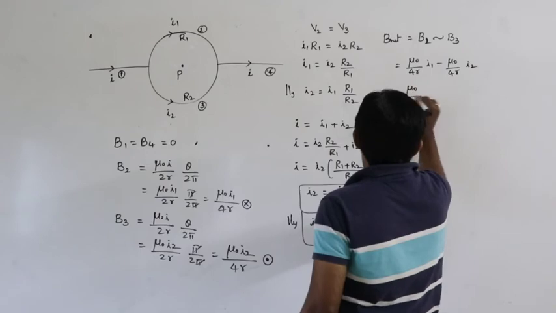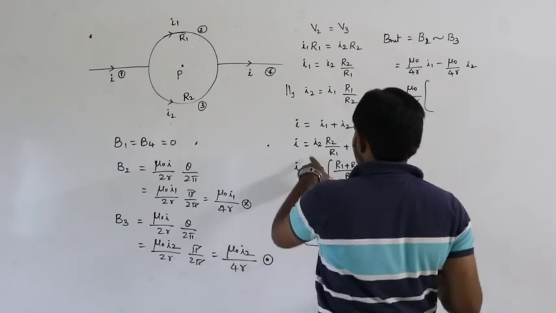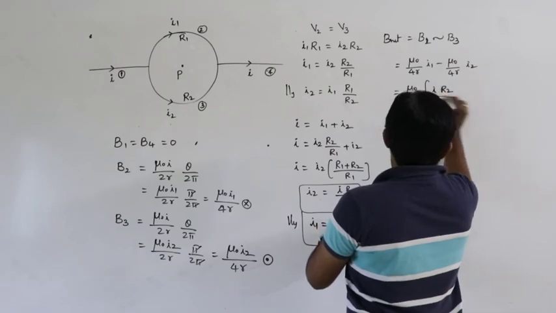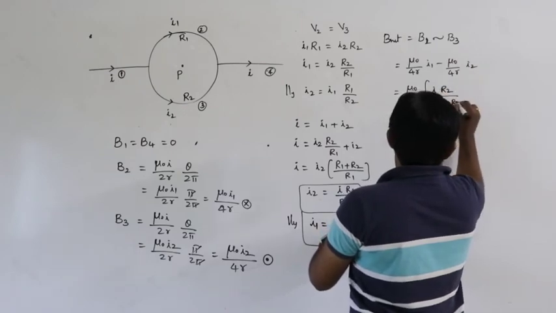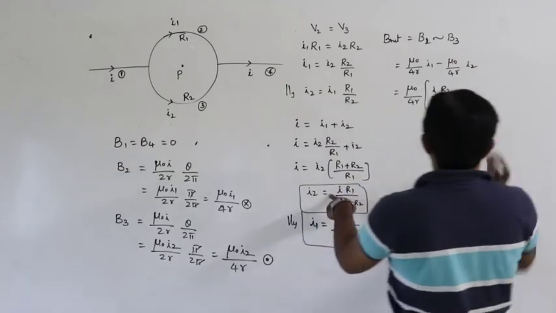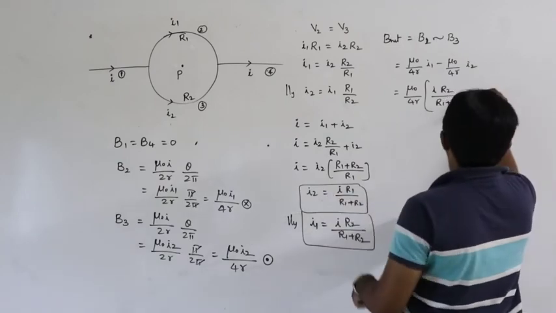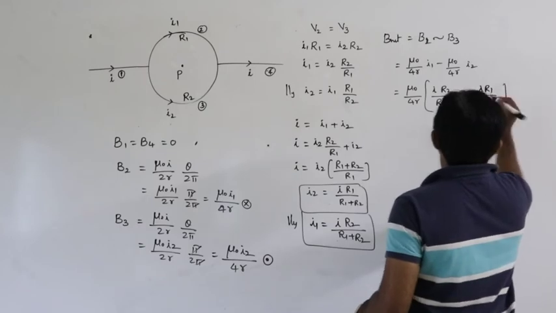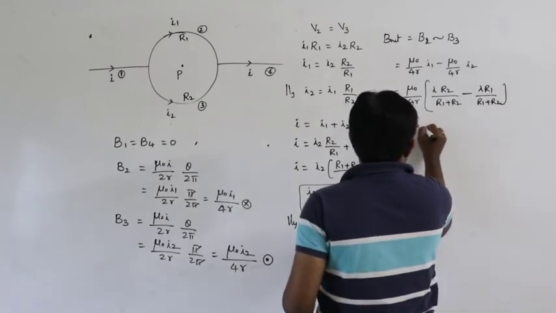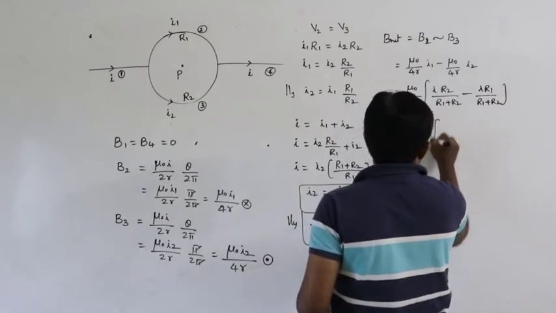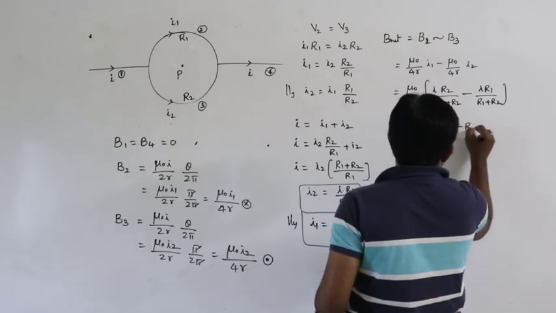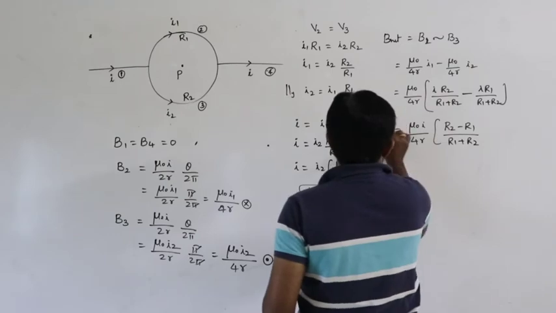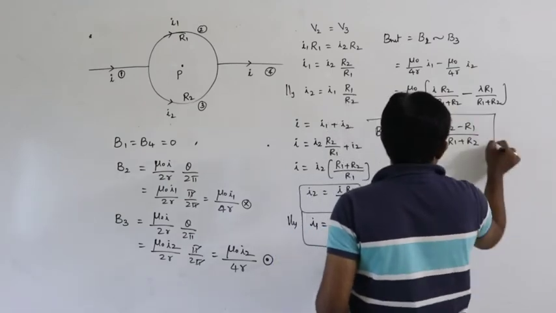So mu naught by 4R into I1 can be written as I R2 by R1 plus R2, minus I2 can be written as I R1 by R1 plus R2. So from this I common, mu naught I by 4R into R2 minus R1 by R1 plus R2. So this is the net magnetic field.